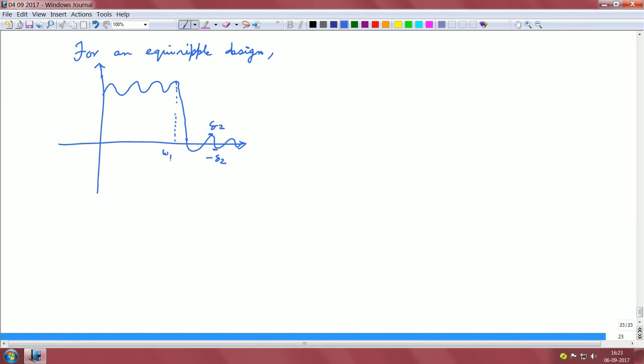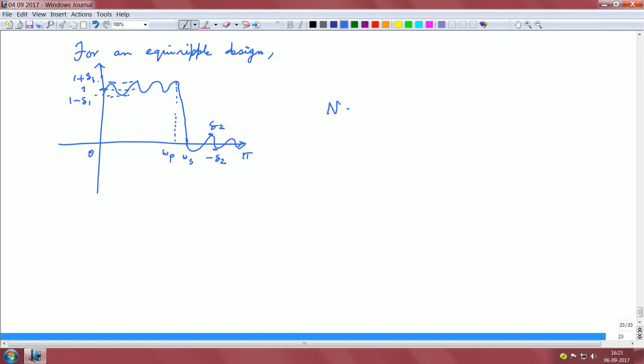This is your pass band, this is your stop band, and let us say the nominal gain was 1, and I could have a 1 plus delta 1 here and a 1 minus delta 1 at this point. Okay. Now, somewhere it is pi.